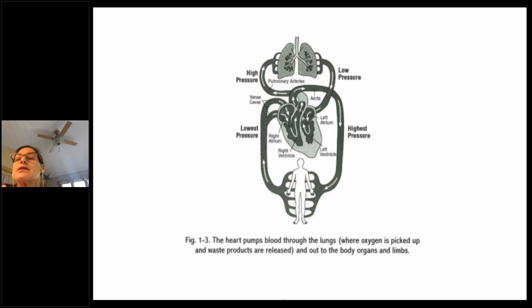So the arteries are bringing the blood to the cells, and then the veins are taking the blood away from the cells.